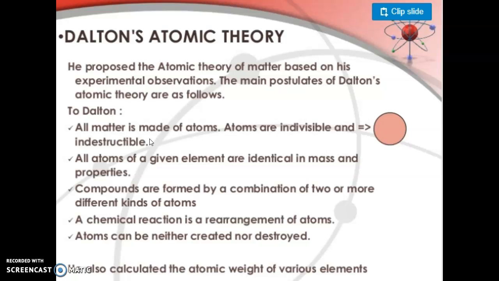All atoms of a given element are identical in mass and properties, and atoms of different elements are different in their mass and properties. Compounds are formed by the combination of two or more different kinds of atoms. Like in H2O, there are two atoms of hydrogen and one atom of oxygen.